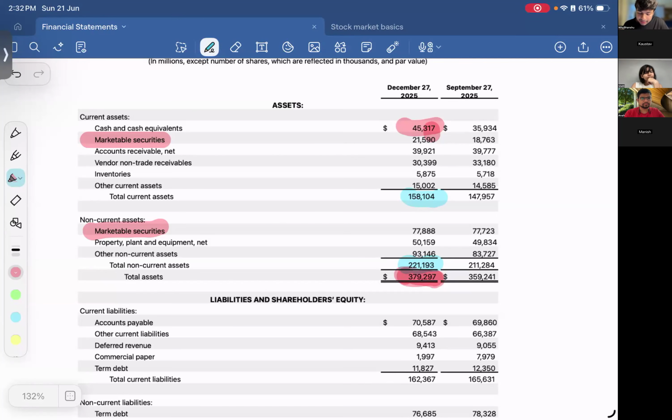But so far, what we've discussed is the equation of balance, which is assets equal to liabilities plus owner's equity. We have discussed within assets, there are two kinds of assets, current assets and non-current assets. Current assets are assets that are liquidable in the first 12 months. Non-current are liquidable not in the first 12 months. Similarly, for liabilities, you have short-term liabilities, or current liabilities, and non-current liabilities, also called long-term liabilities.